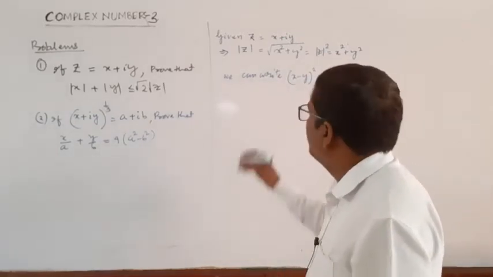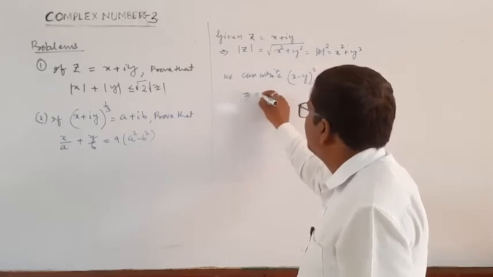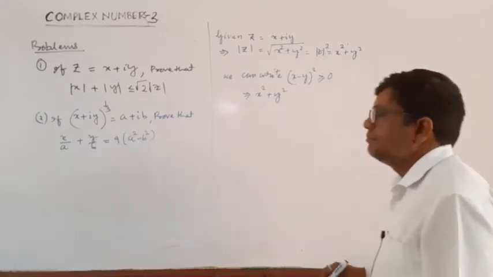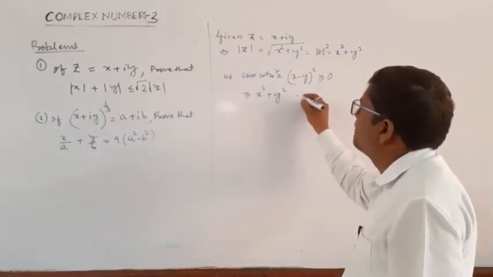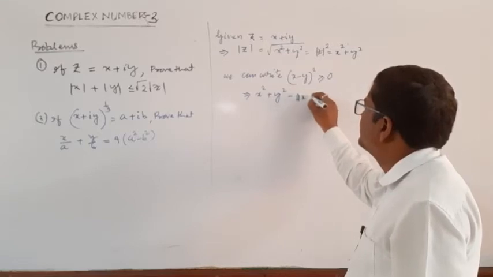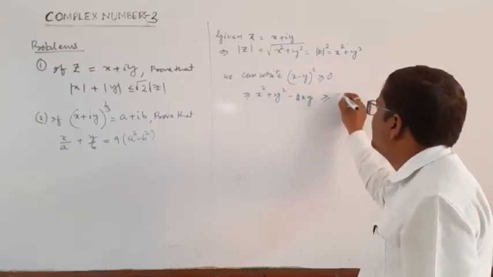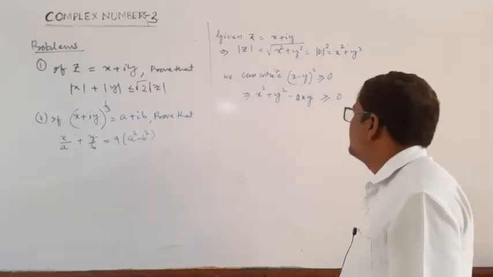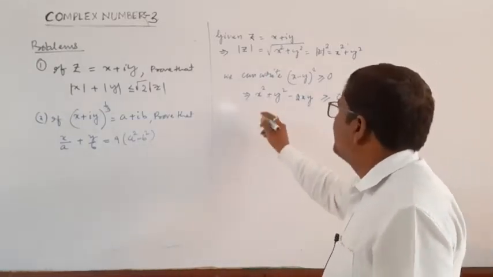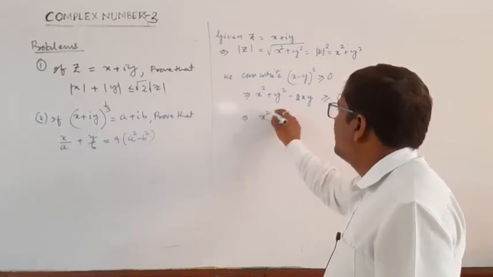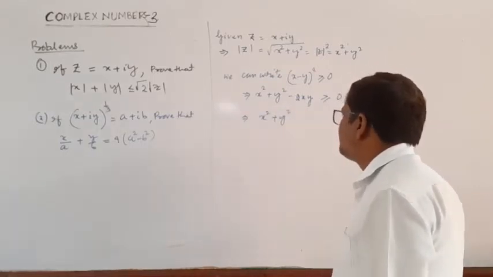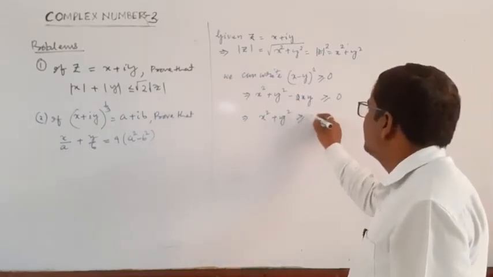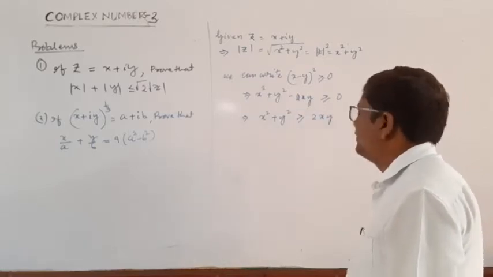Okay, so that implies x square plus y square minus 2xy is greater than or equal to 0. So this can be written as x square plus y square is greater than or equal to 2xy.